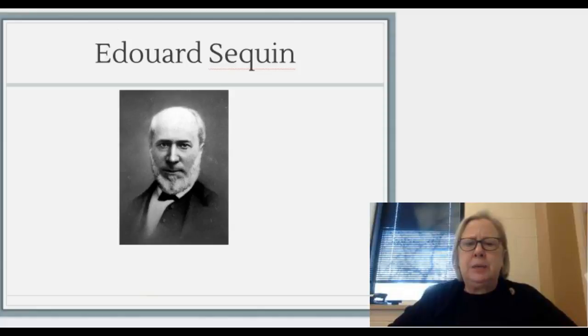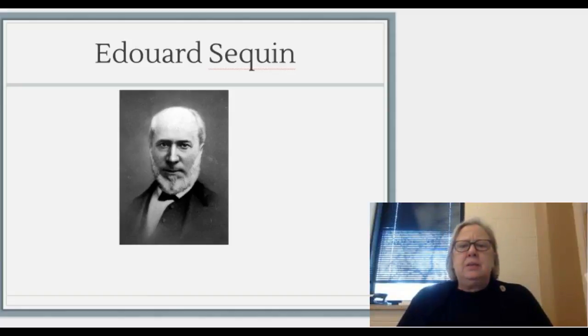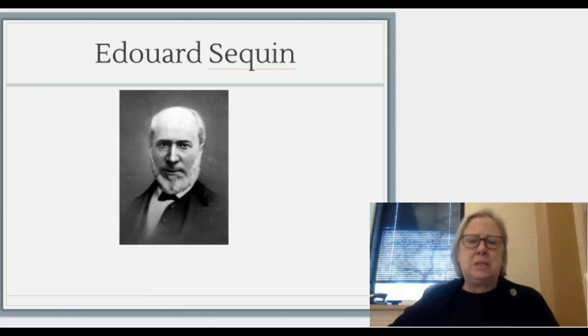Edward Seguin is best known for this idea he came up with, and again, he was also a French psychologist. He worked on what they called developmental or cognitive disorders at this time, idiocy. It was a precursor term to retardation, and he believed that it was caused by some disorder of the central nervous system, and that with certain sensory exercises and physical exercises, we could improve the cognitive levels of people.